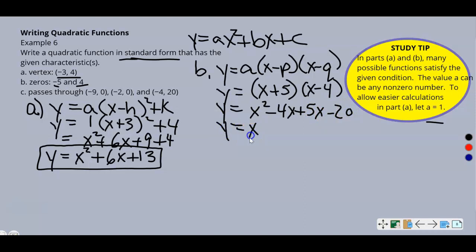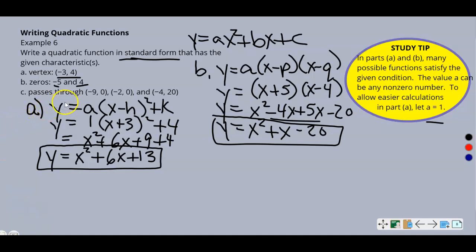Combine like terms: x² + x - 20. All right, 2 down.